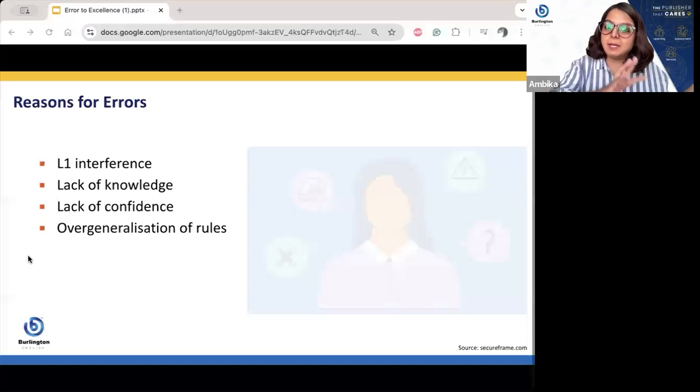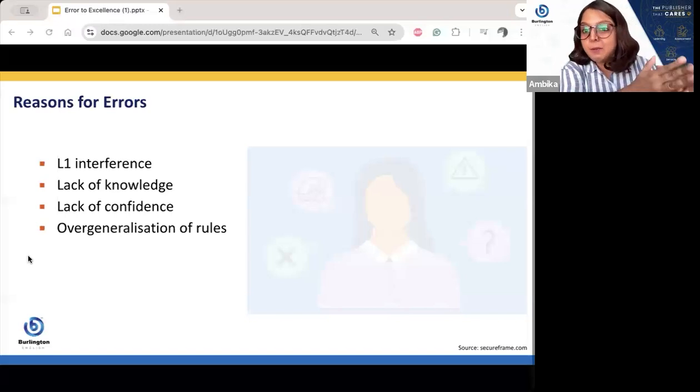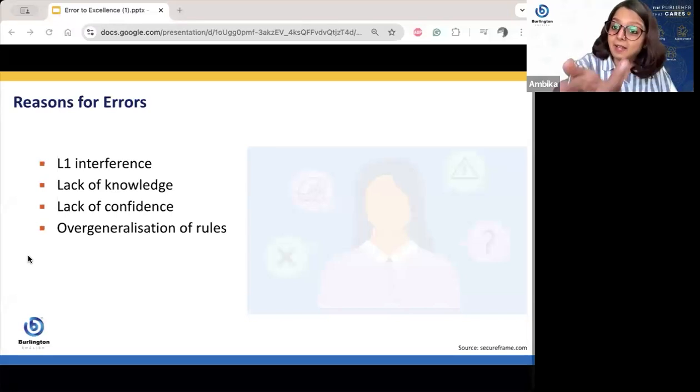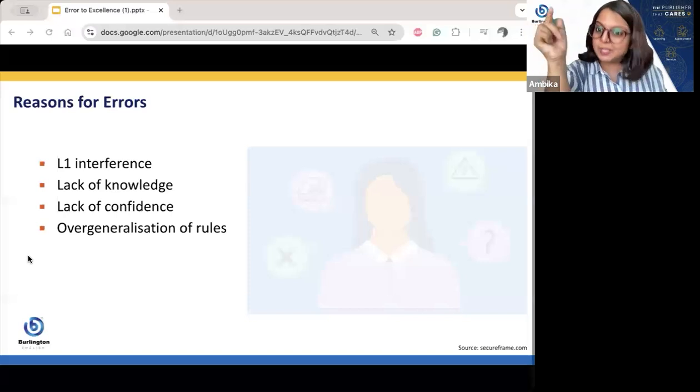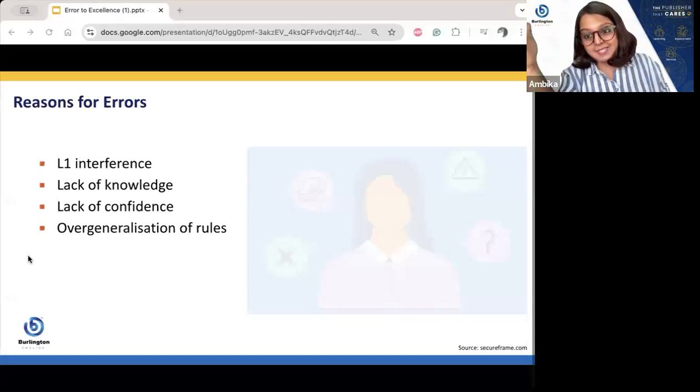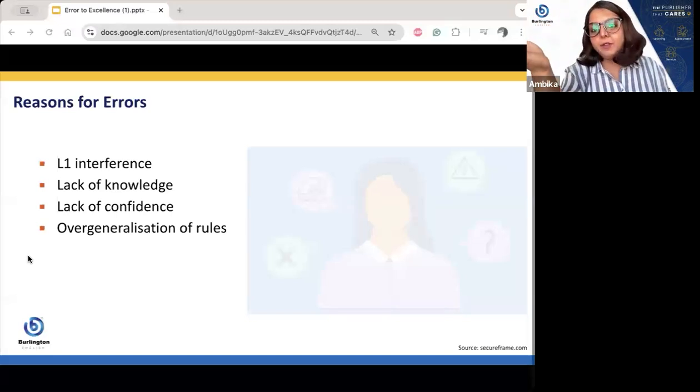Instead of hers, they might change it into his, because it's John, they put the male possessive instead of the female, which is hers. Another common one is the apostrophe. They might write hers with an apostrophe, instead of hers without an apostrophe.